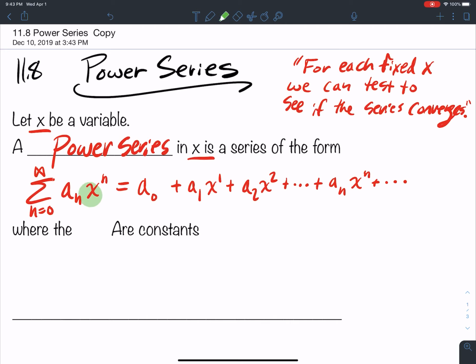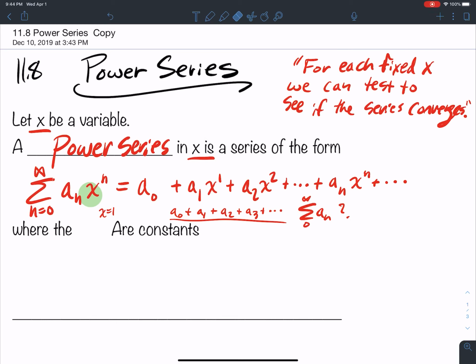Then that becomes a_0 plus a_1 plus a_2 plus a_3 and so on. And then I get my normal series that I'm used to looking at, the series from 0 to infinity of a_n, and I see does it converge, diverge, and so on.